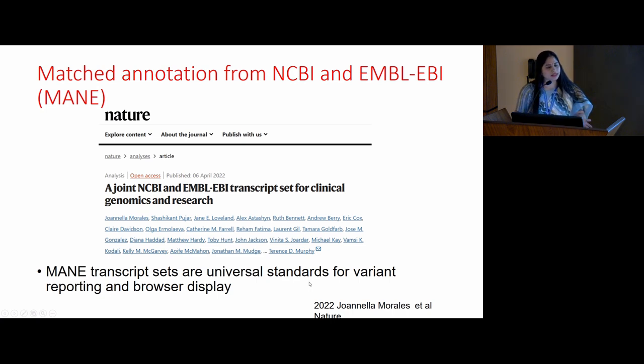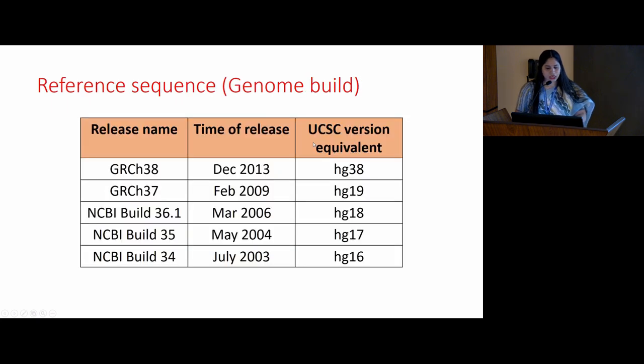So the recommendation is still present to give LRG also, but if we have used MANE Select, that problem won't be there, because we are using matched annotation from NCBI and Ensembl. For the reference sequence that we use, we have to fix this when we are designing and ordering the panel, whether we are using GRCh37 or 38, and we have to keep that constant.